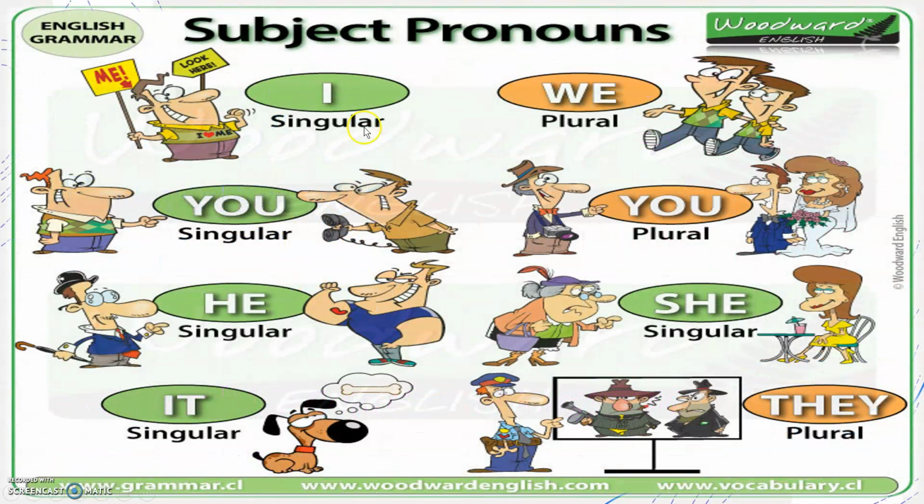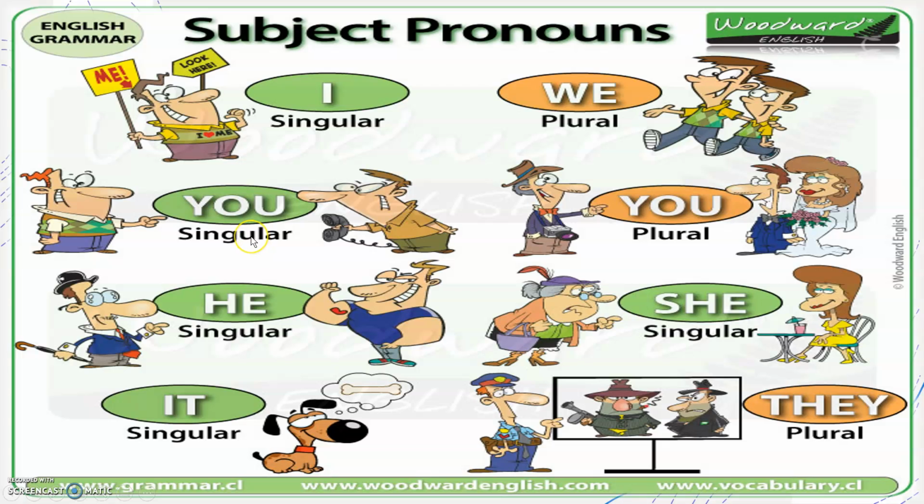These are subject pronouns. As you can see, we have around 7 or 8 subject pronouns. First of all, we have I. I refers to me. For example, I am teacher Danielson, because that refers to me, the person who is speaking. I also have you. You can be singular.